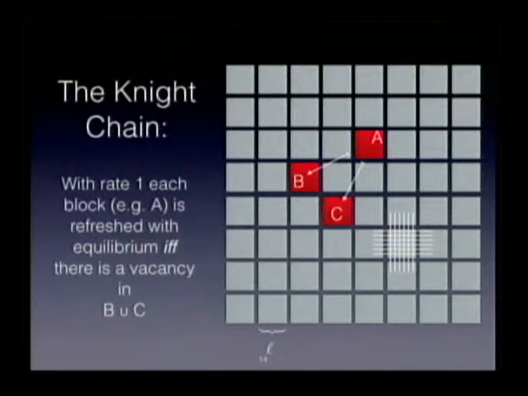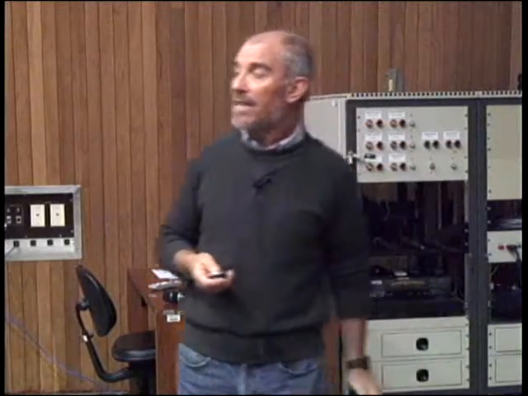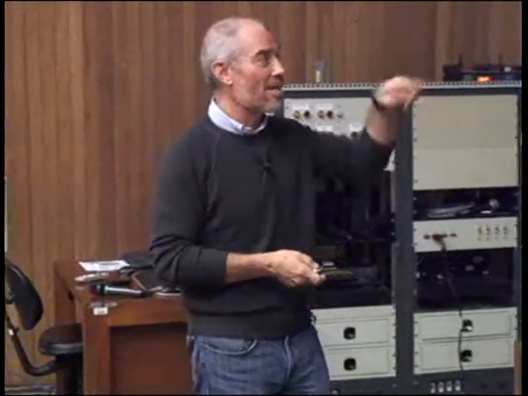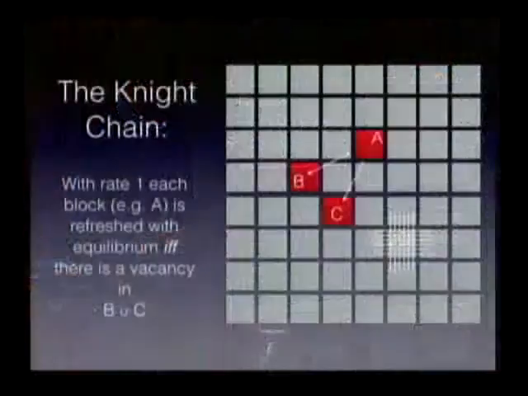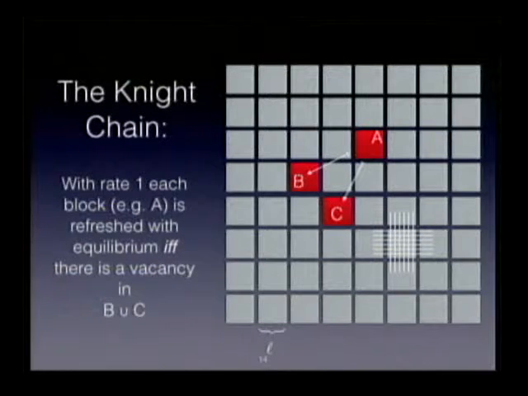When there is a ring at block A, block A goes and checks the state of blocks B and C. If in B union C there is a 0, then block A is updated by putting IID values according to the Bernoulli measure with parameter p, q. Otherwise, block A doesn't do anything, and you wait for the next ring somewhere else, and you proceed. So this is the knight chain.